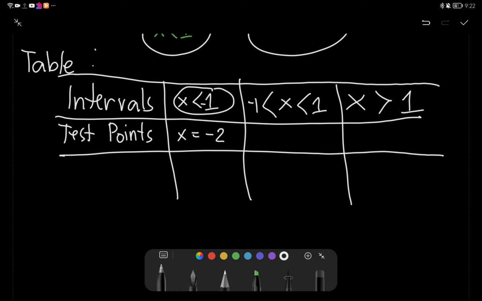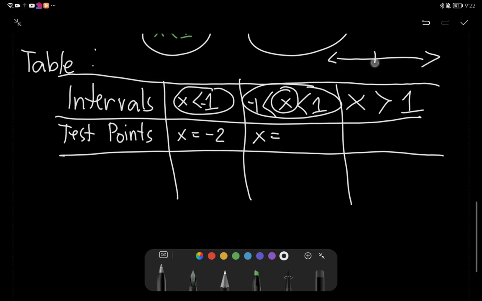Now, what number satisfies this interval, x is greater than negative 1? Let's make a number line. This is 0, this is -1, -2, 1, and 2.